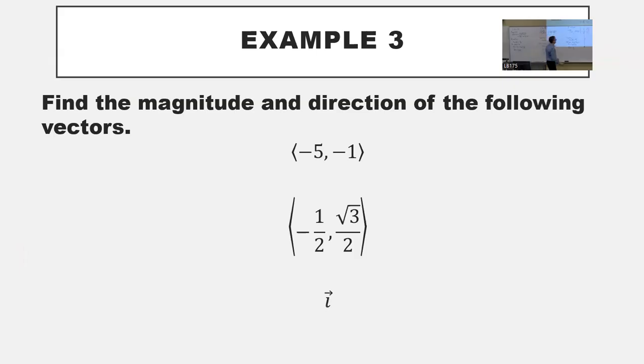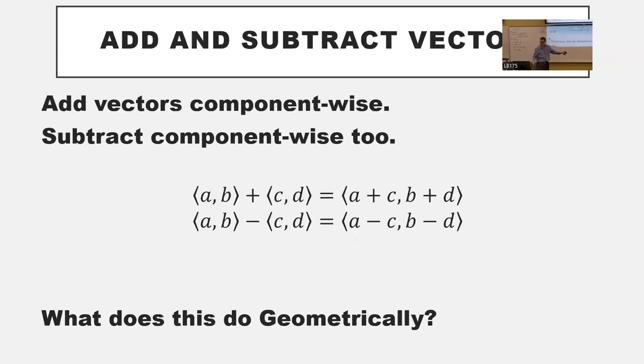So now we know how to calculate length and direction, or magnitude and direction, of lots of different vectors. Once we calculate length and direction, then we're going to start using vectors, adding them up, subtracting them, manipulating them in other ways as well.